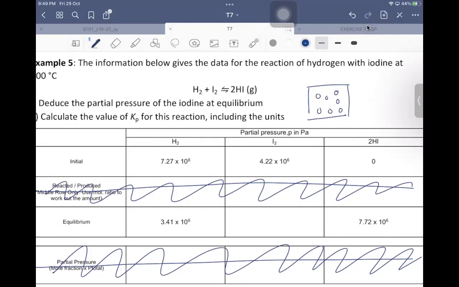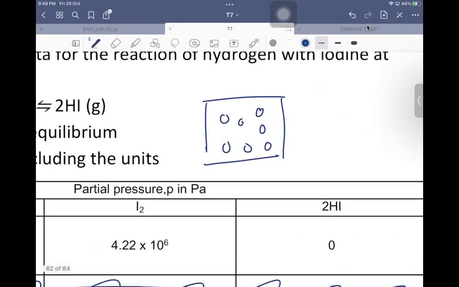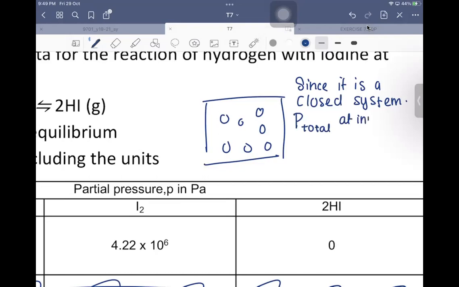Okay, so you can add a note. Since it is a closed system, the total pressure at initial should equal to the total pressure at equilibrium.